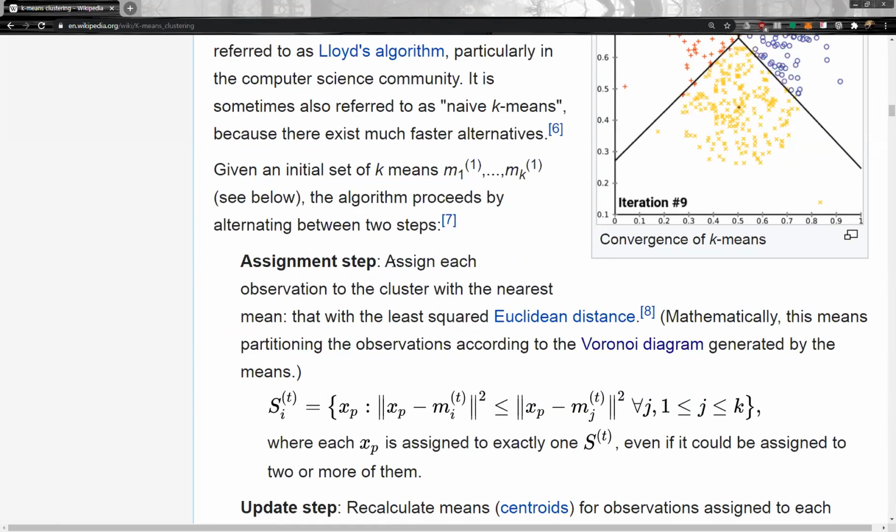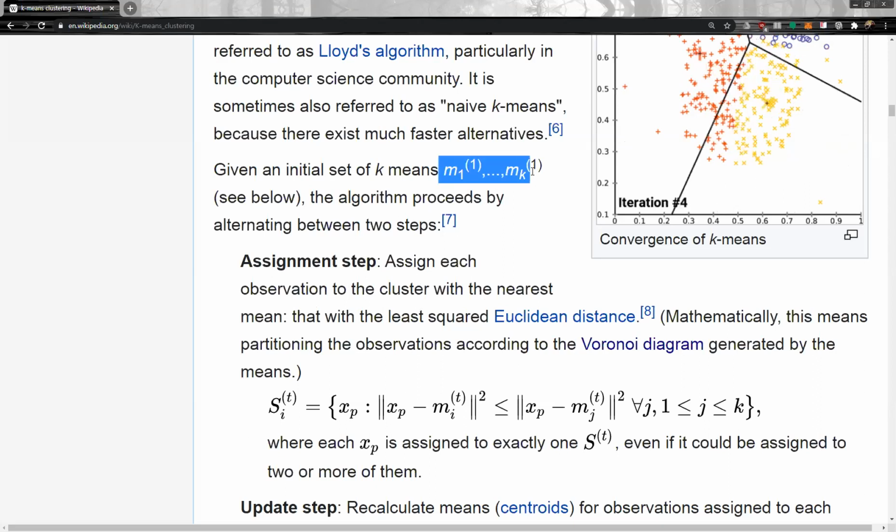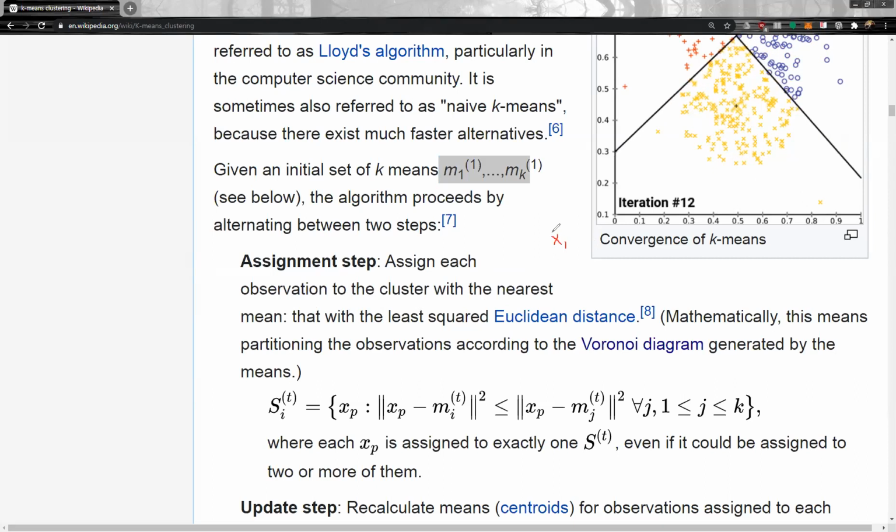Now, what we do is assign each observation to the cluster with the nearest mean. So now we have these initial means. Suppose we have some data like x1, and we measure the distance between x1 and each mean.